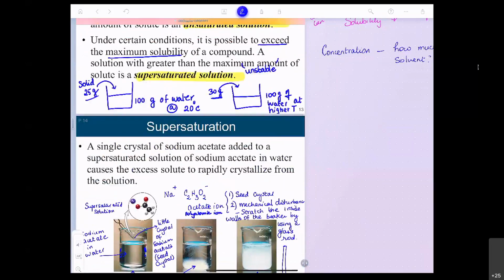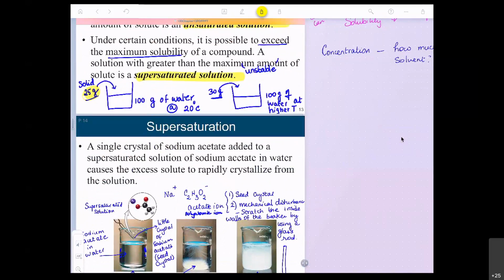And the lab tech can basically give me a variety of unsaturated solutions. It can be anything less than 25 grams will be unsaturated if 25 grams is saturated. If I say supersaturated, it can be anything above 25 grams. Okay, so it can be 30, 35, whatever.